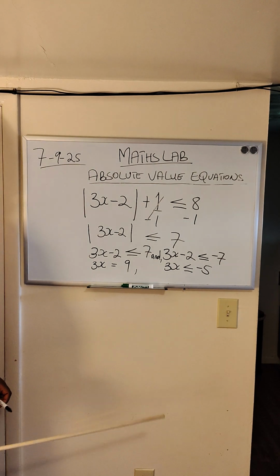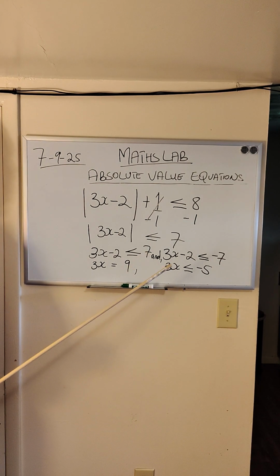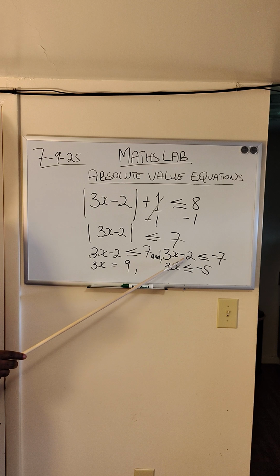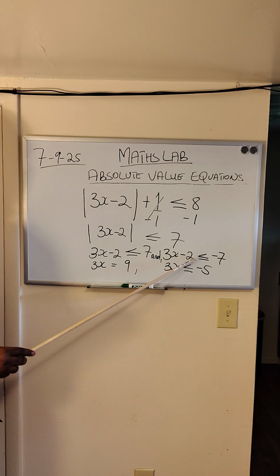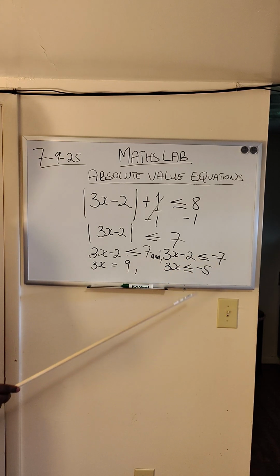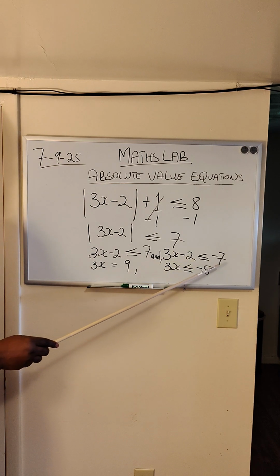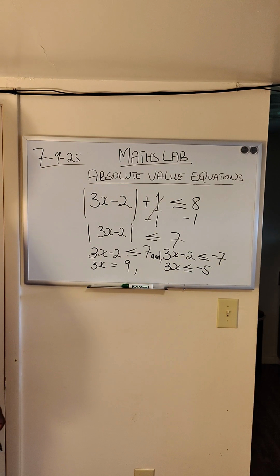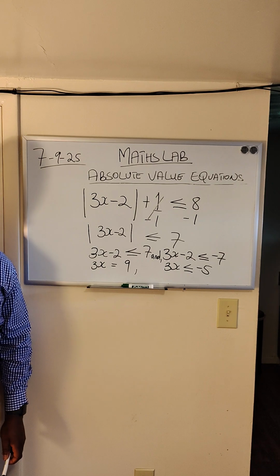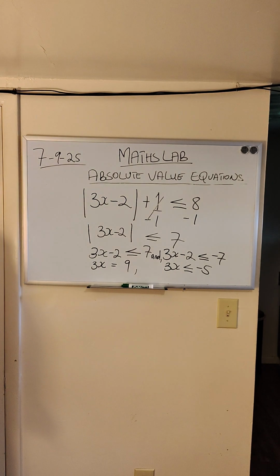And how we got negative 5 is 2 minus 7. This 2 right here minus 7 gives us negative 5. And then we still have to solve.